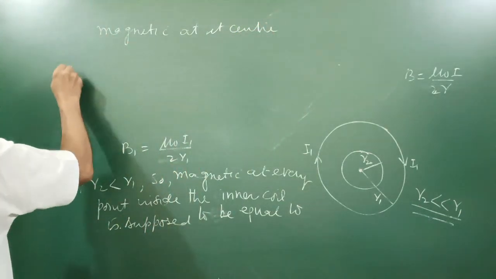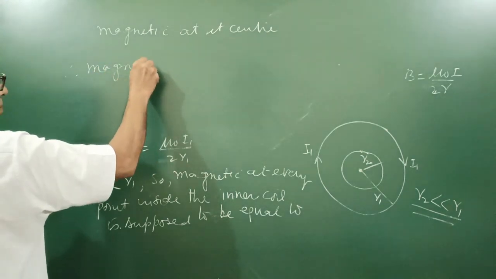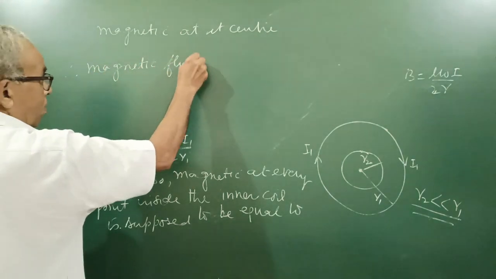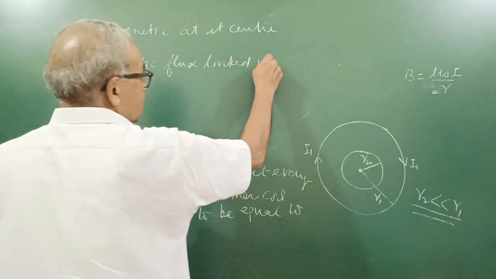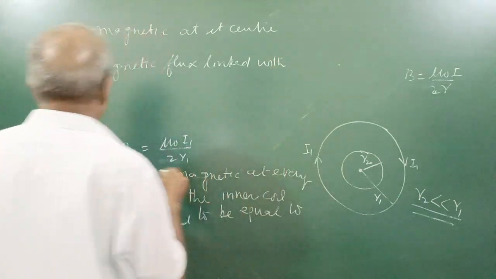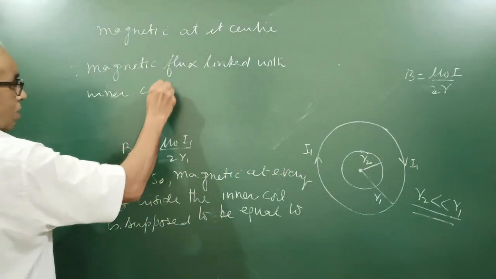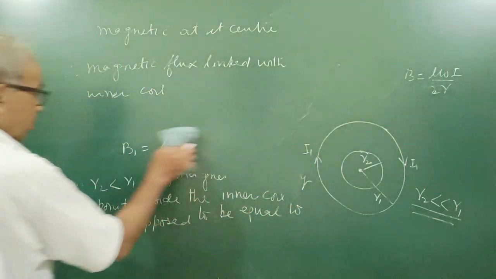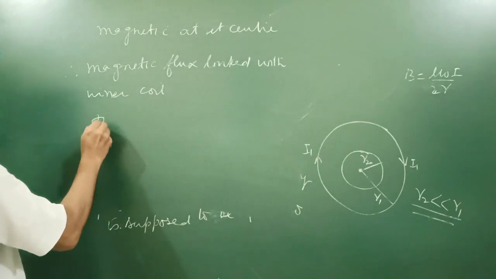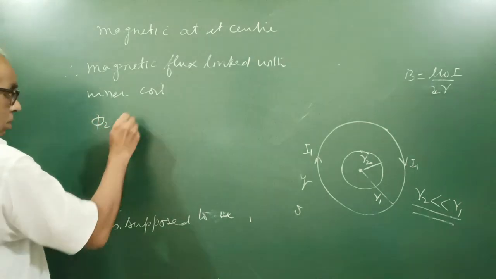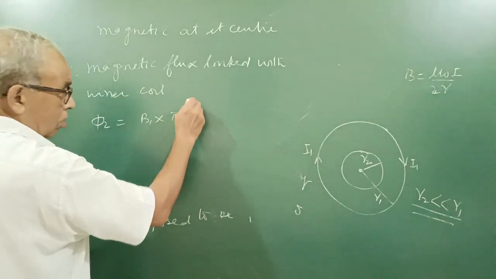So the magnetic flux linked with the inner coil, phi 2, is B1 into pi R2 square.